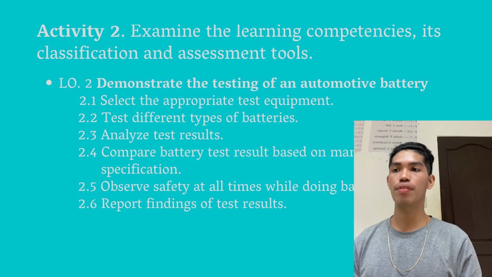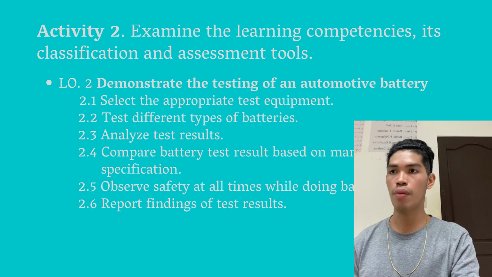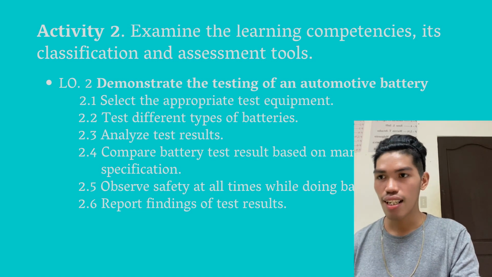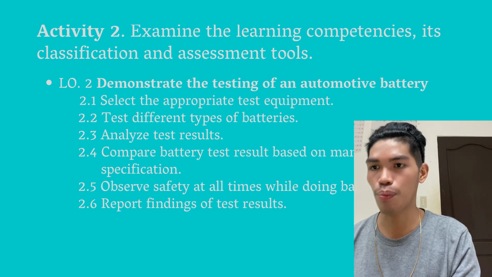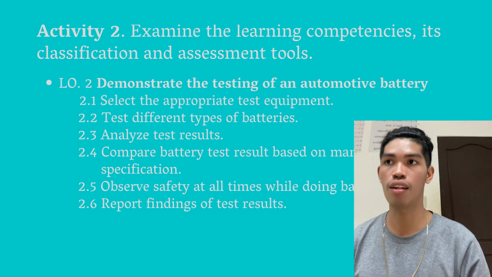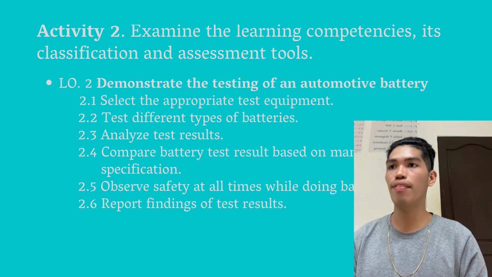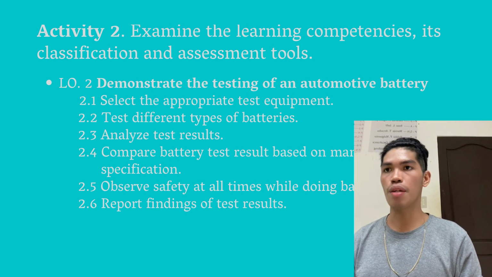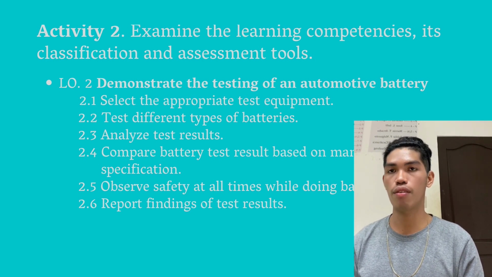Next, for this activity, let's just skip this because it is an online activity. We are having this report online, but I'm going to read it to all of you. Examine the learning competencies, their classification and assessment tools. Demonstrate the testing of an automotive battery.